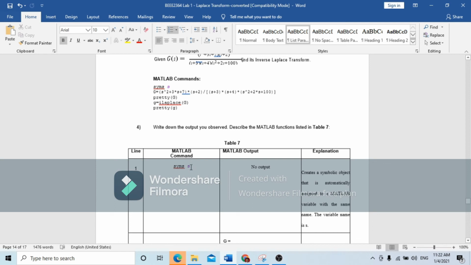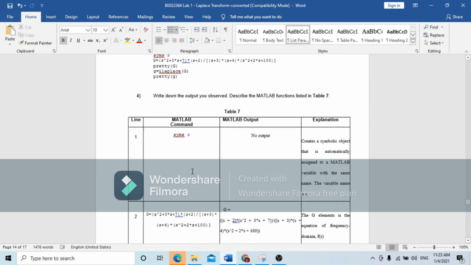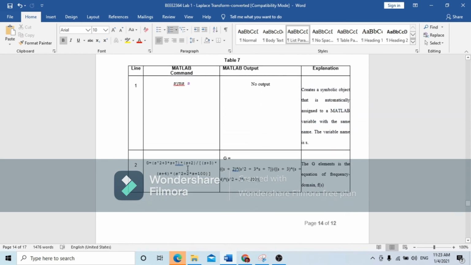So here we use the variable s. S means frequency domain.